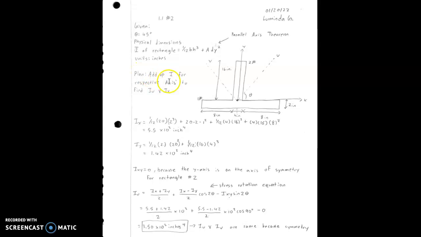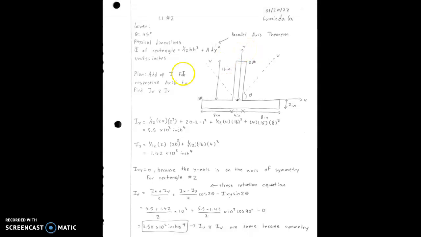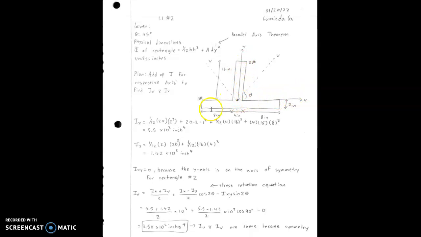So here, the plan that I wrote down was add up all the moments of inertia for the respective axes to find Iu and Iv. So we would first need to find the moment of inertias. I probably should have written this down, but we should first find the moment of inertia along the y and x axis, which is actually what I do here.